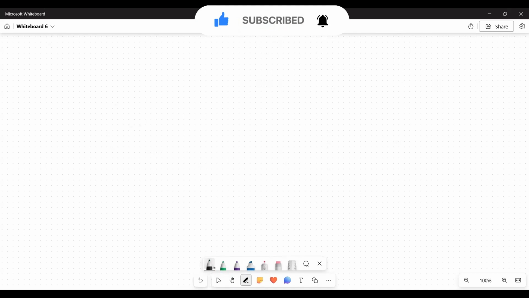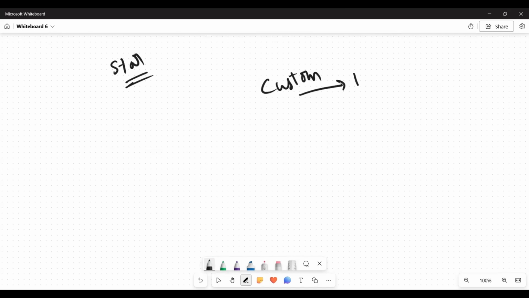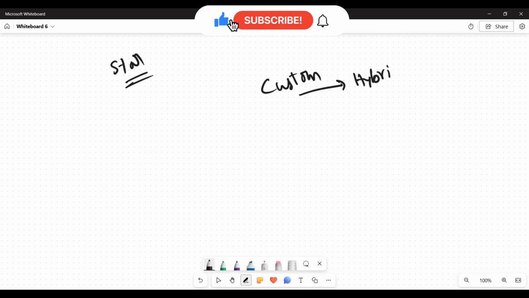Mostly in organizations, they will prefer star. After that, they will go for custom, I mean hybrid topology, because each and every organization's structure is different from each other. So at that particular moment, they will proceed with hybrid.